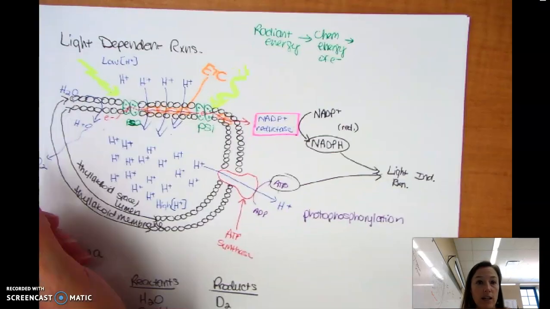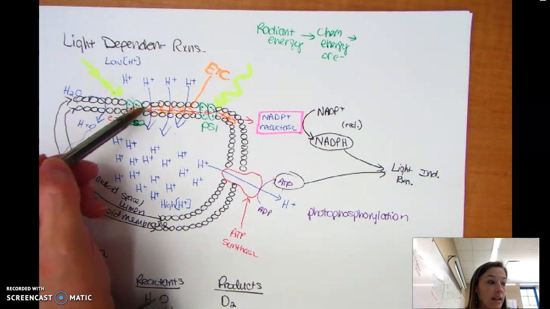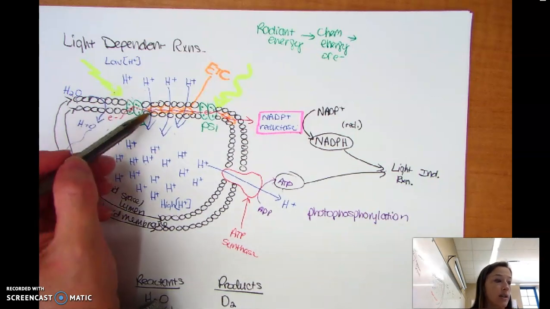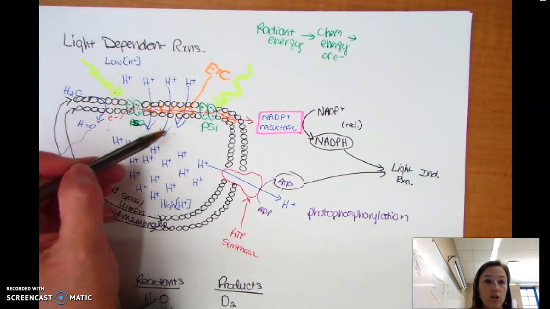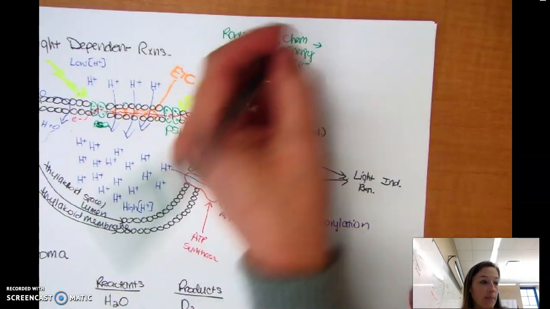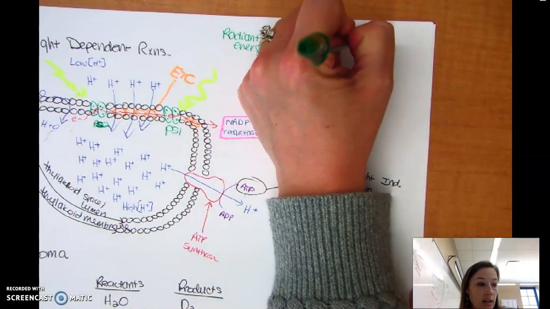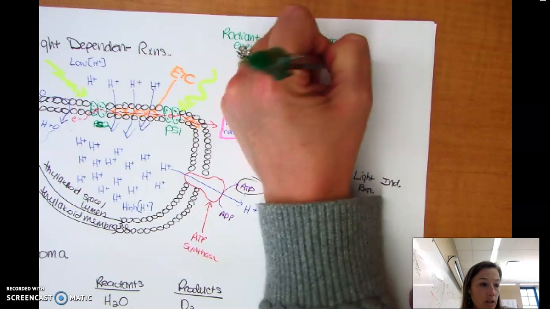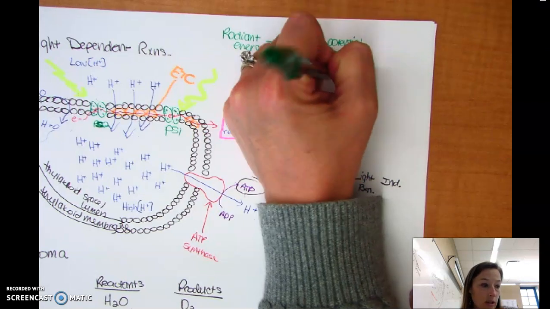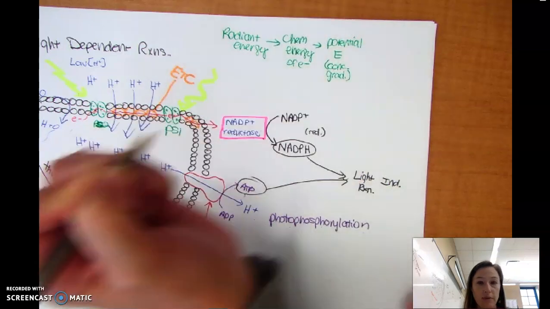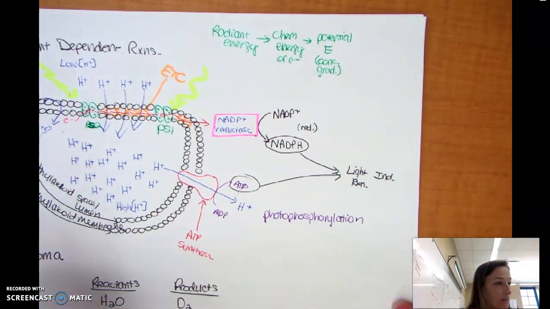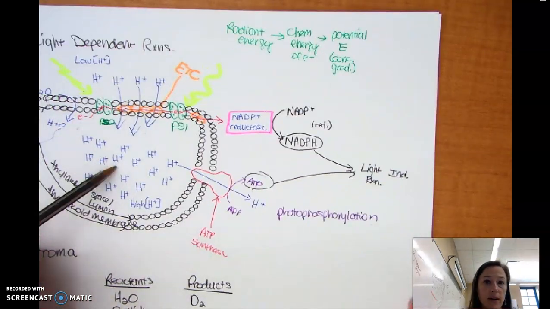The electrons are going to carry it. Then we're going to use that chemical energy of the electrons, we're going to give it to these little guys, and we're going to use it to create a concentration gradient. Well, the concentration gradient is the type of potential energy. I'm going to start using big E for energy. That's the abbreviation. I don't use it very often, but I'm running out of room. So then we now have this potential energy.